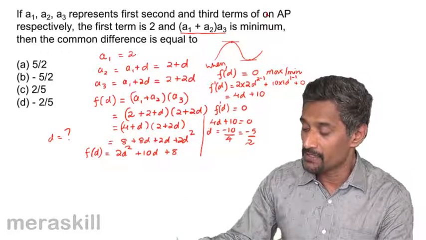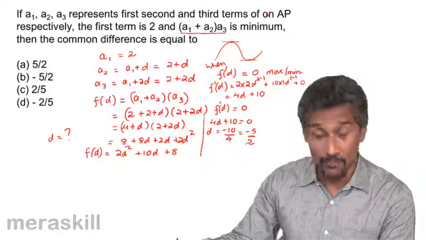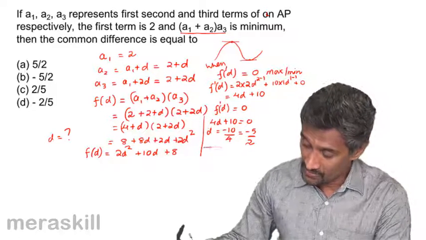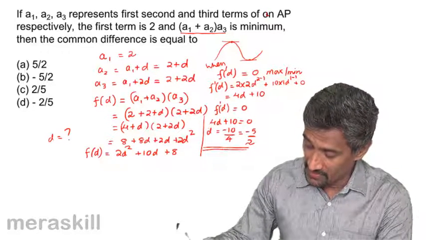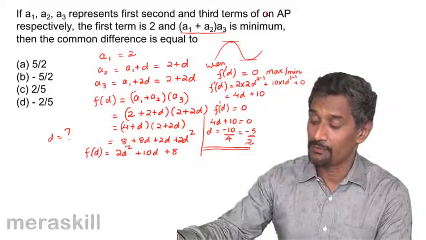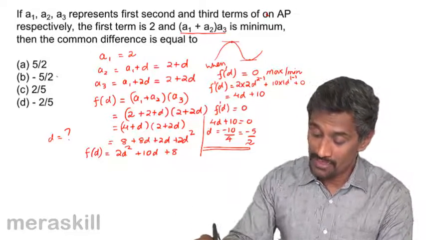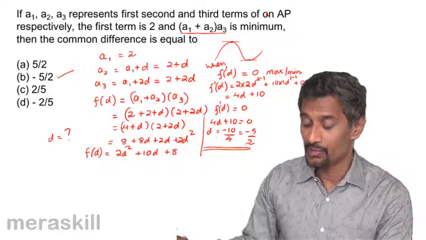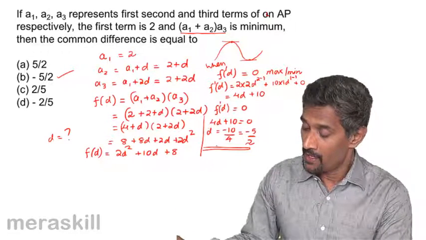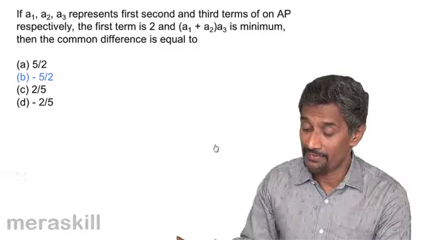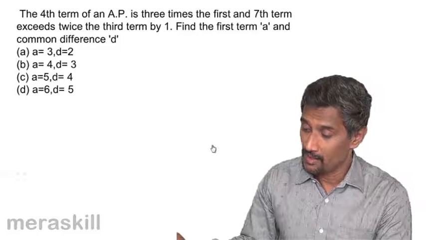And hence we first find the first derivative, which is 4d plus 10, equate it with 0, and find the value of d. So this particular value of d will ensure that a1 plus a2 into a3 is minimum. Among the options, it is this value that is the correct value, and yes, it does tally with what we have.